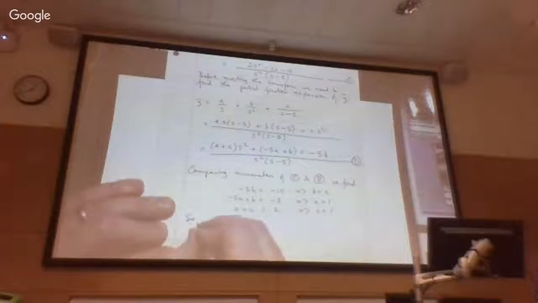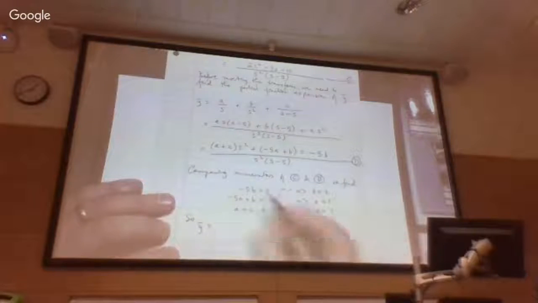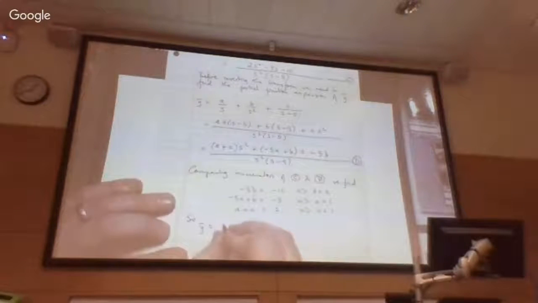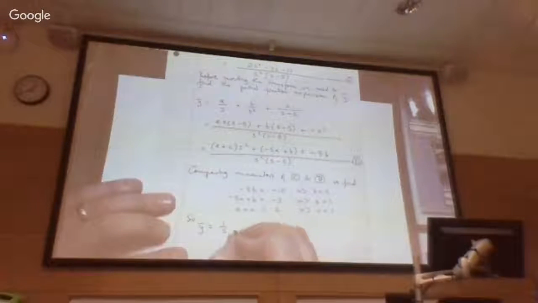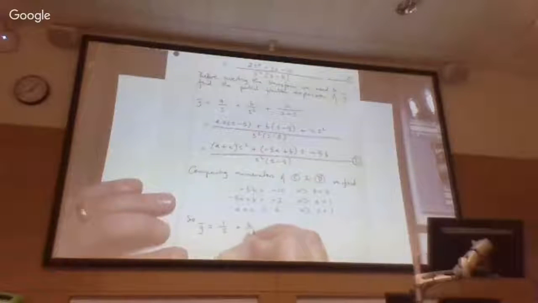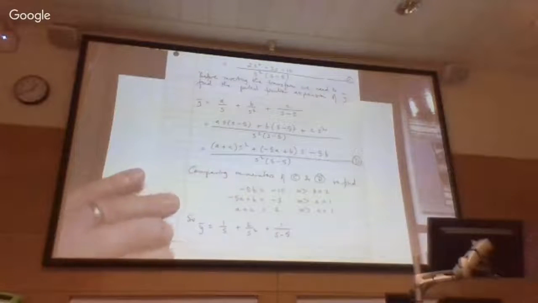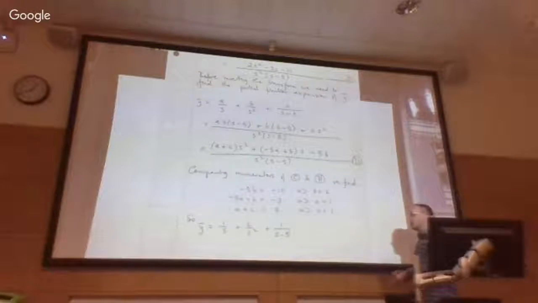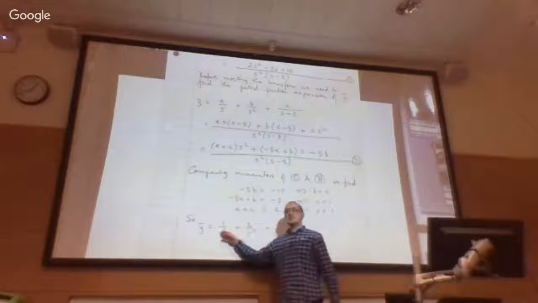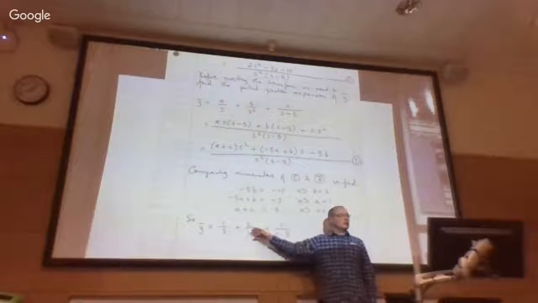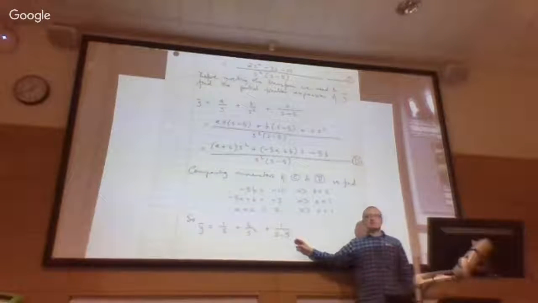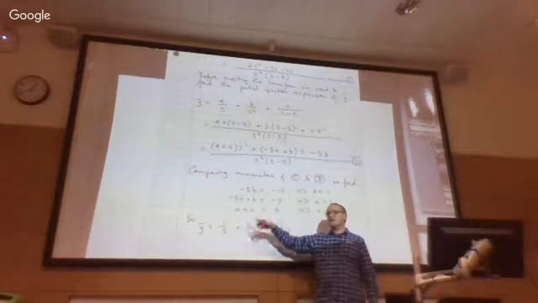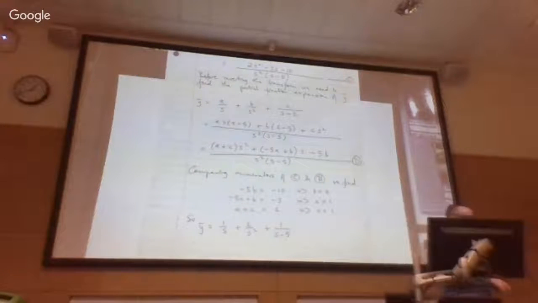So y bar, now I've got these values. Y bar is a over s, so 1 over s, plus b over s squared, 2 over s squared, plus c, which is 1 over s minus 5. That's our y bar. Now, in this much nicer expression, linear combination of simple enough rational functions, each of which can be found on the table of Laplace transforms.